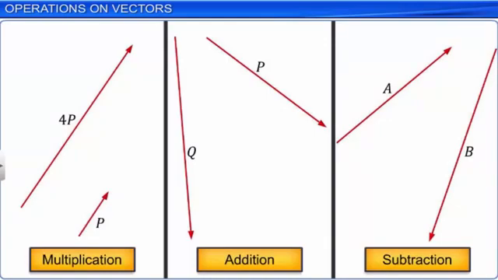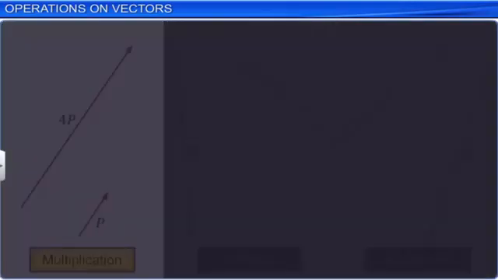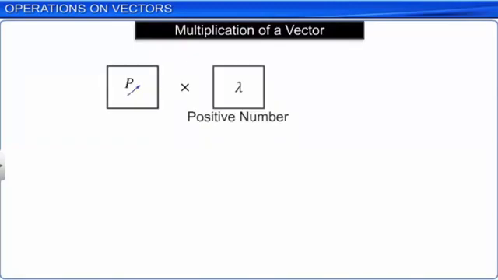First, let's start with multiplication of a vector with a real number. When you multiply a vector p with a positive number, lambda, you get a vector whose magnitude is changed by the factor lambda. The direction remains the same as that of p.